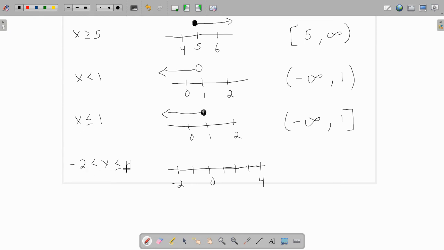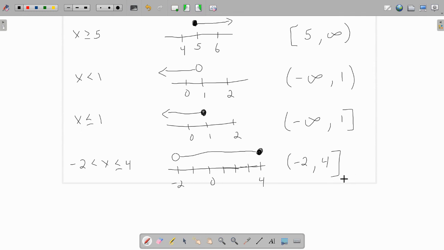When it's written with less thans, -2 is less than x, I look at that as x is greater than -2. As long as there's less thans here, and that's how they typically write it, this will be the smaller number. So -2 gets an open circle because there's no bar, and 4 gets a closed circle. This is saying x is between -2 and 4, so we just connect the line. And that's our solution. The way we write this in interval notation is -2 with a parenthesis, 4 with a bracket.